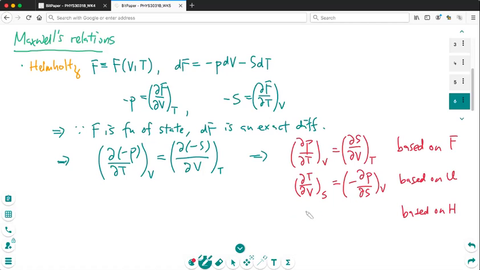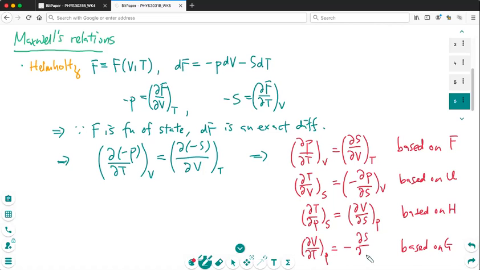And then based on H, you have this. And then finally, based on G, you have this. Sorry, I don't like this. Here, I want to bring this minus sign out.